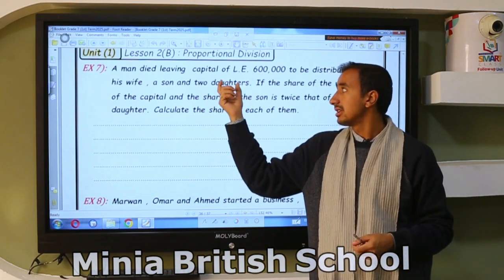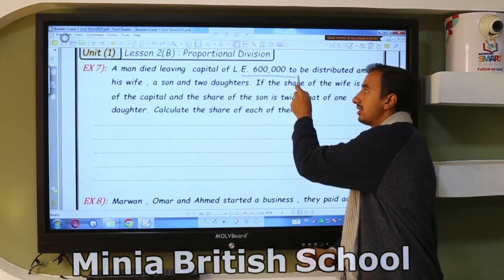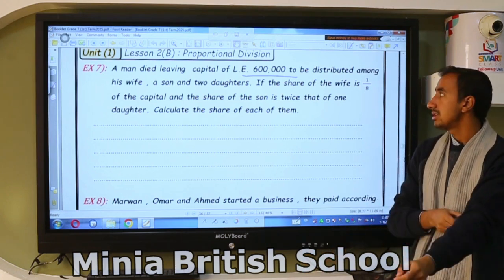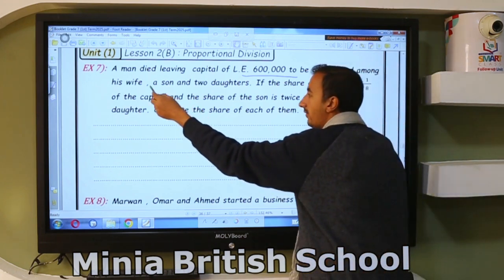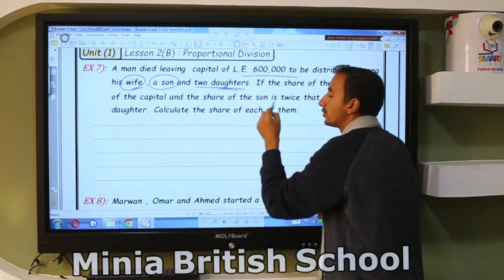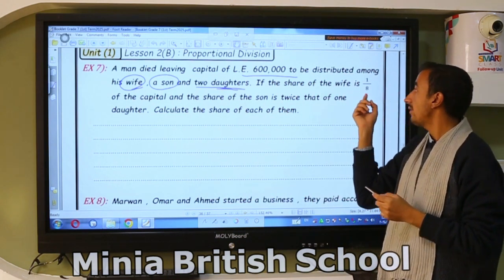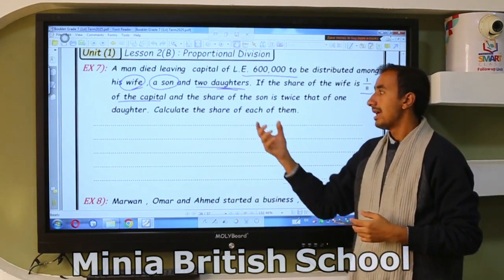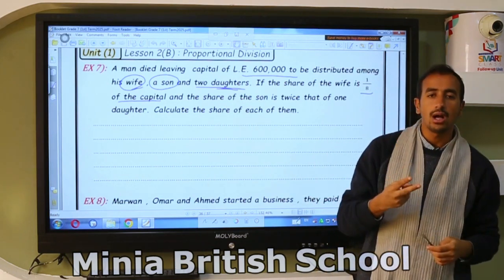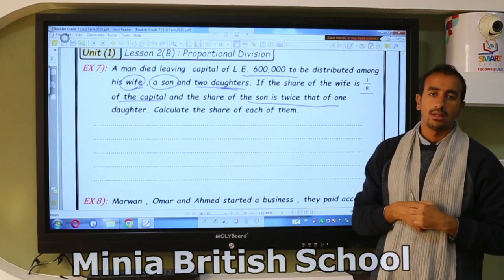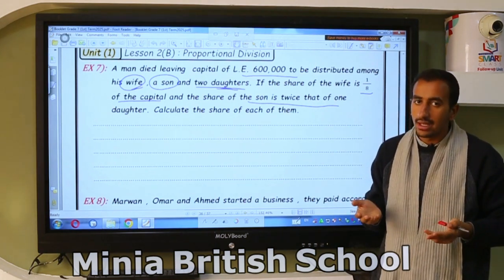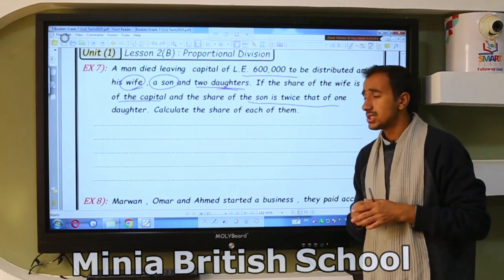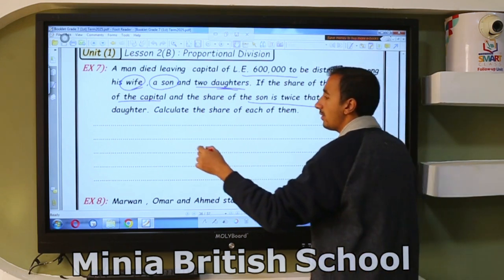A man died leaving capital of LE 600,000, to be distributed among his wife, son, and two daughters. The share of the wife is 1/8 of the total amount, and the share of the son is twice the share of the daughter. In another way, the share of the daughter is half of the share of the son.